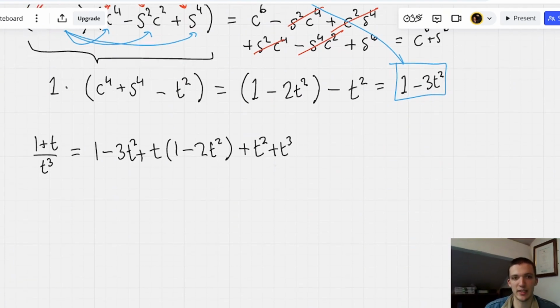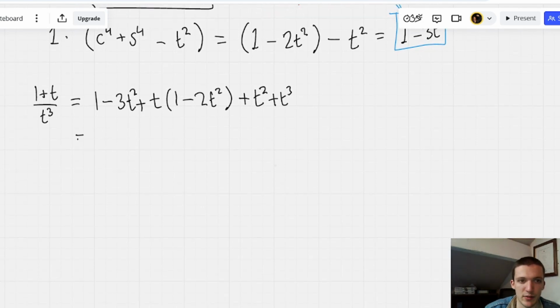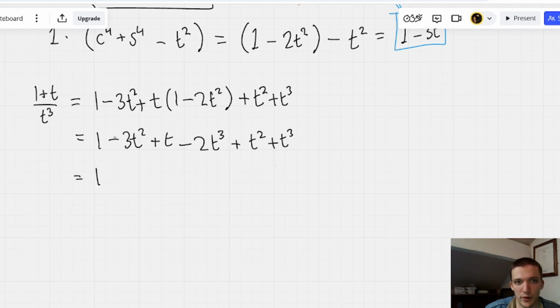Now let's tidy this up a little bit. Let's say that's 1 minus 3t squared plus t minus 2t cubed plus t squared plus t cubed. That's going to be the 1. Minus 3t squared plus t squared is minus 2t squared.